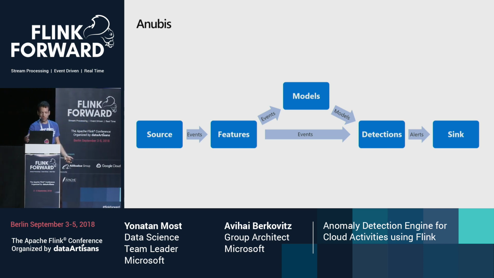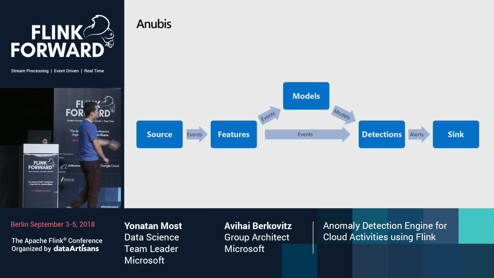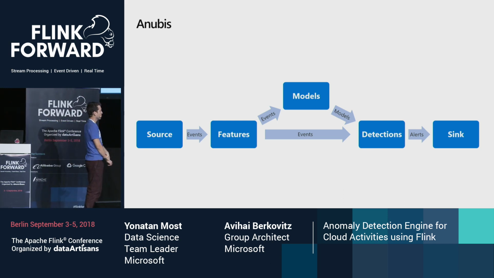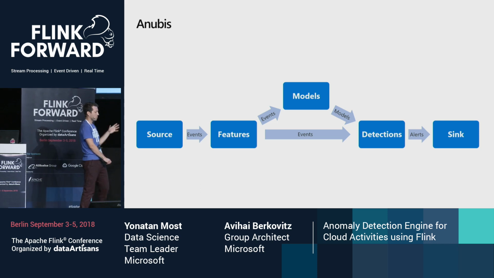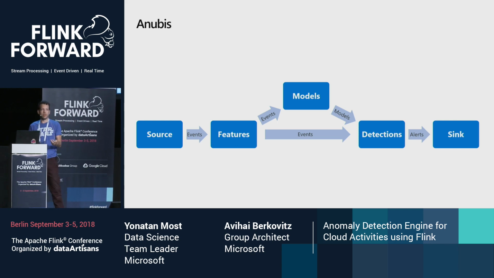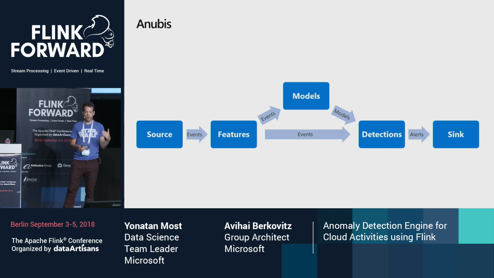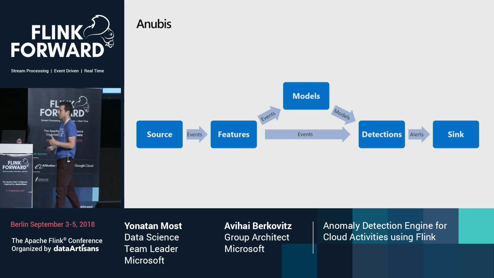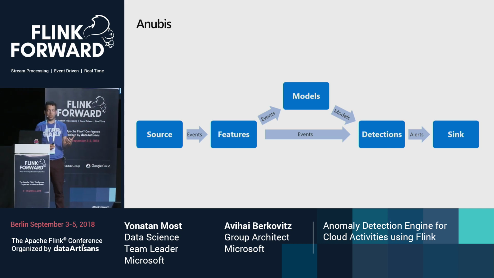Here, we made a decision to separate the models into a different branch in the pipeline and not have them inline. So on the one hand, we do want online learning. If there's a change in behavior, we want to update that quickly in our models to avoid triggering too many alerts due to an outdated model.